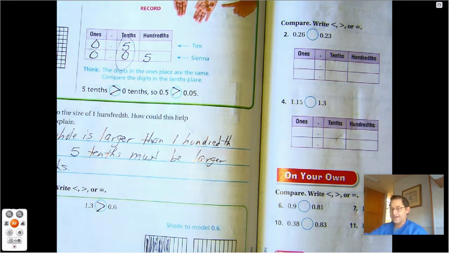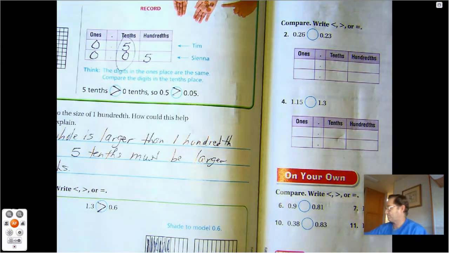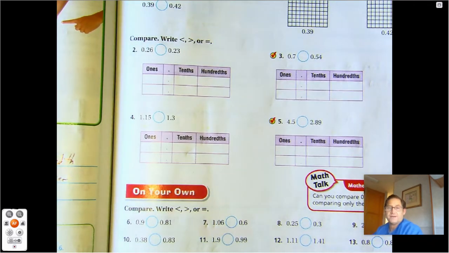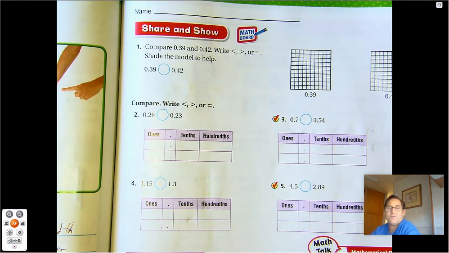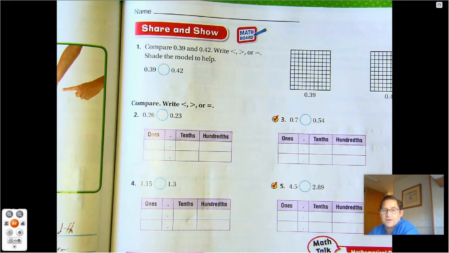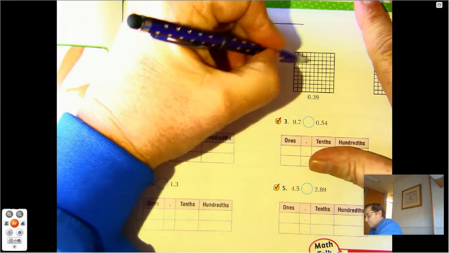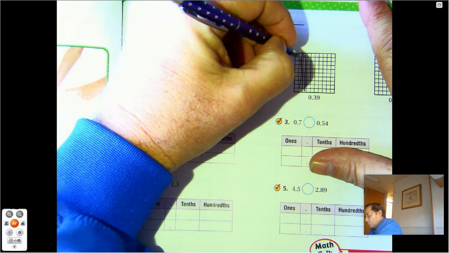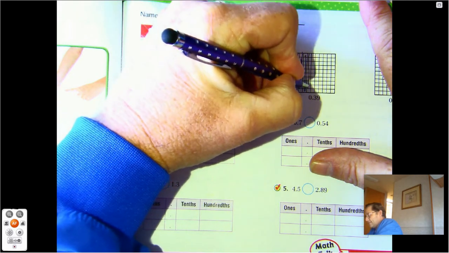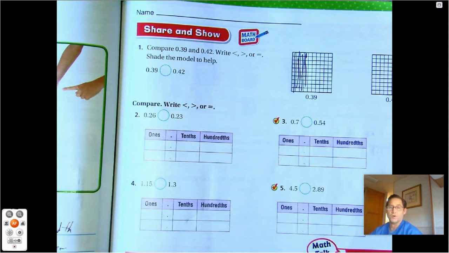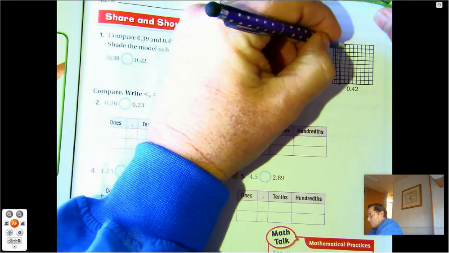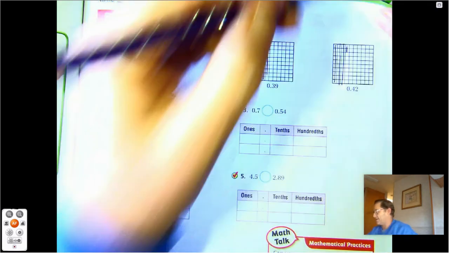All right, page 387, number 1. Compare 39/100 and 42/100. Write less than, greater than, or equal. Shade the model to help. Okay, so 3 complete columns and then 9 of the fourth. 42, we'd have 4 columns shaded and then 2 of the fifth column.